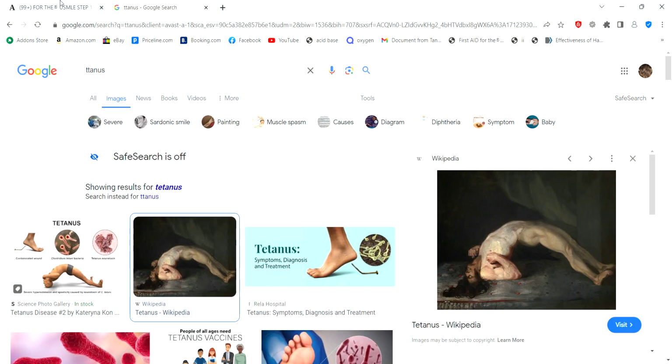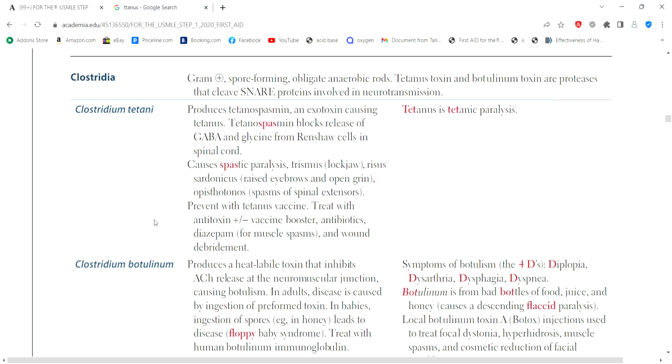Okay. So there it is. And you see opisthotonus, which is spasms of the spinal extensors, which is arched back, which is what we just saw.